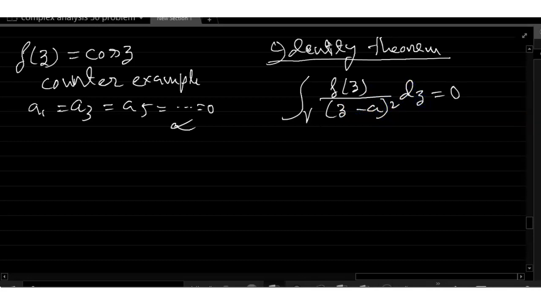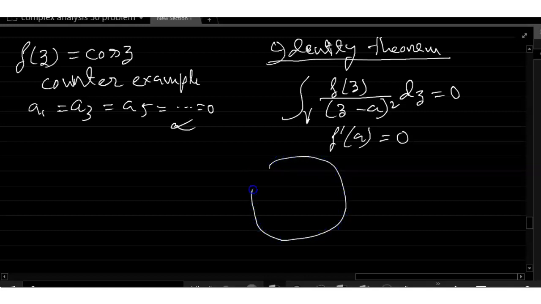So friends, the integral over gamma of f(z) divided by (z minus a) whole square equals 0. So in here f dash a equals 0 because of the Cauchy's formula.